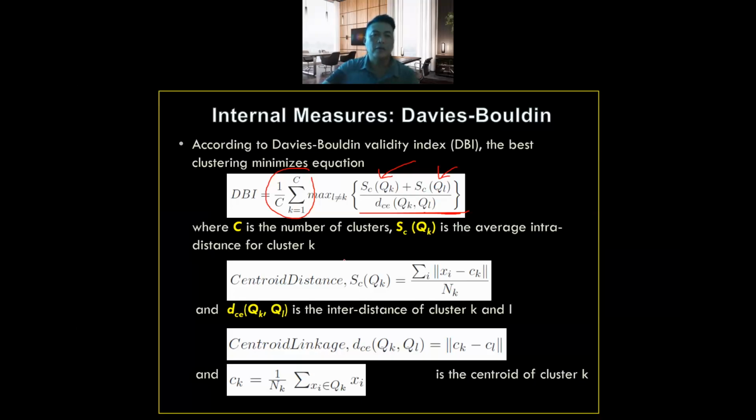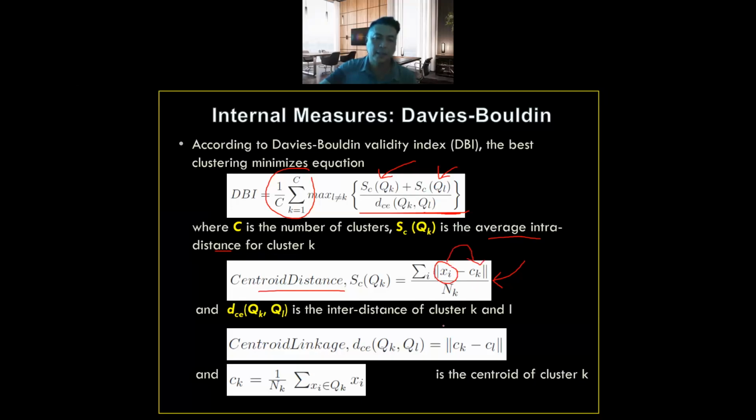In order to find the compactness of the cluster, we first have to find the centroid of your cluster. So this is the formula. This is the average intra distance. Basically, this is how compact your cluster is, because they are measuring all the members in that cluster to the center.